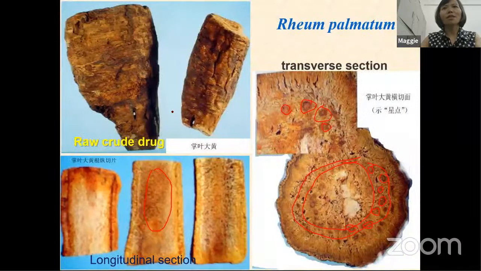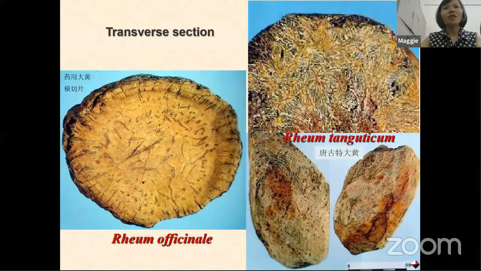So these are Rheum palmatum, rhizome and root. The left picture is the transverse section of Rheum palmatum. Also, there are some star spots in the piece.